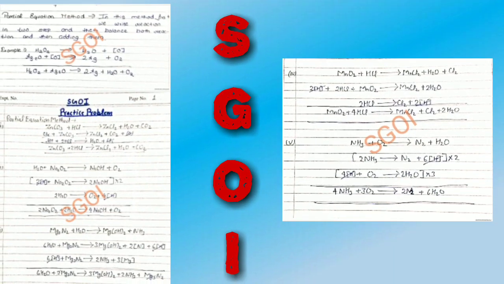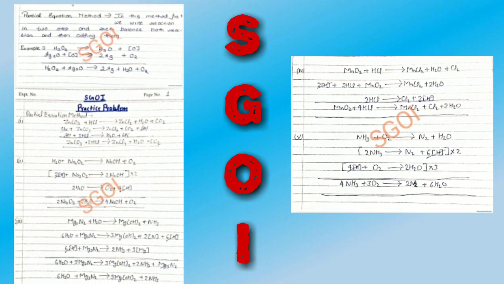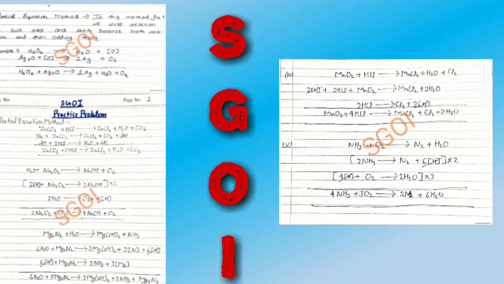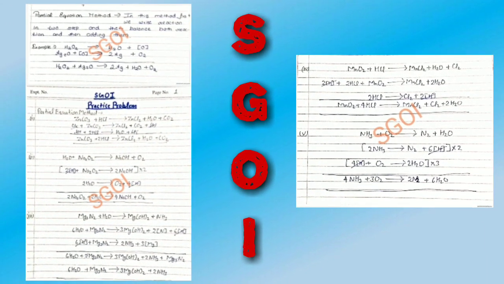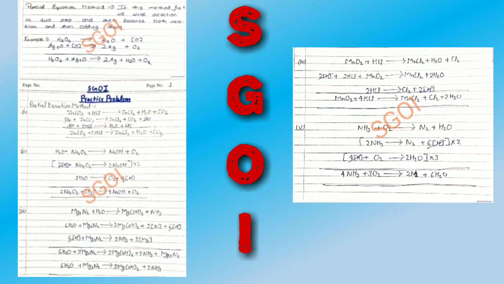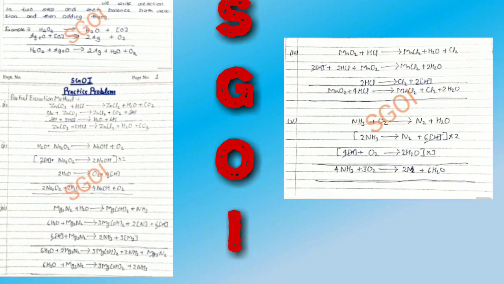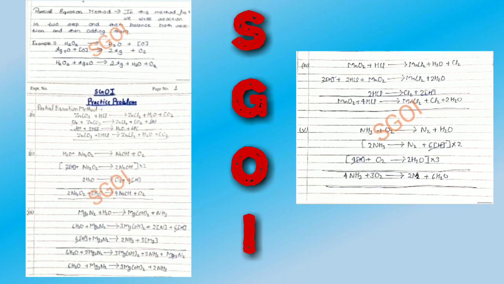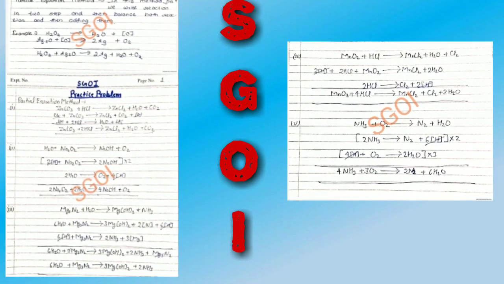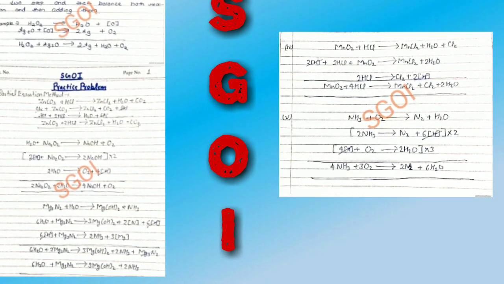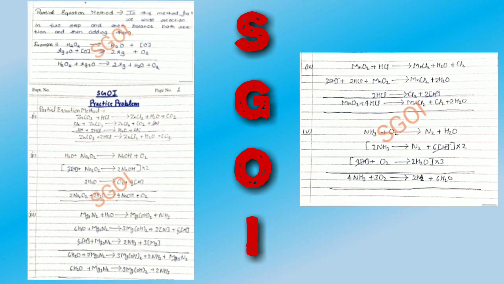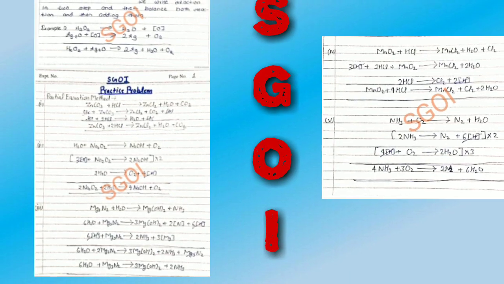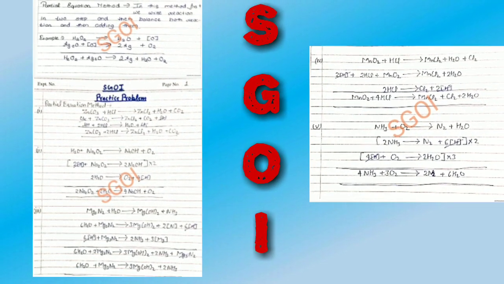Now water plus O2, multiplied by 2 in H2O, and hydrogen balanced again by 4 nascent hydrogen. In the first half reaction, multiply by 2 and add these two half reactions. By cancellation of nascent hydrogen, it gives 2Na2O2 plus 2H2O gives 4NaOH plus O2.